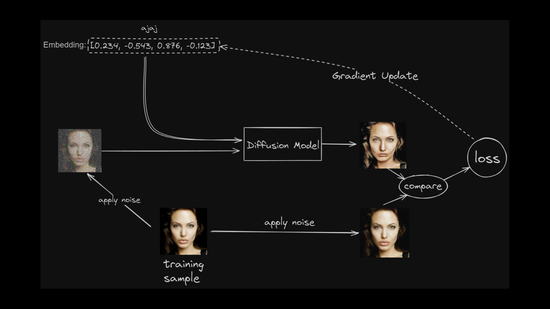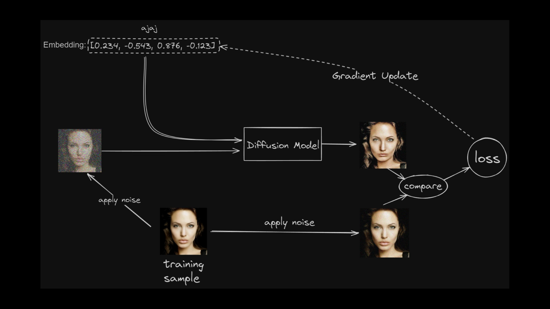We've initiated an embedding named AJAJ. At this point, AJAJ is merely a label for an empty vector space that awaits definition through training. The aim of this training is for the diffusion model to process this embedding and recreate Angelina's appearance as depicted in our training dataset.